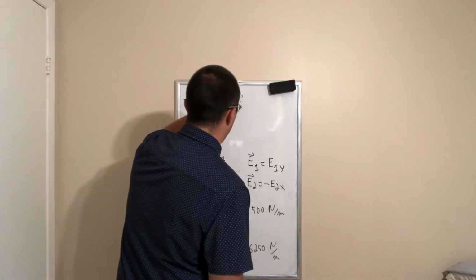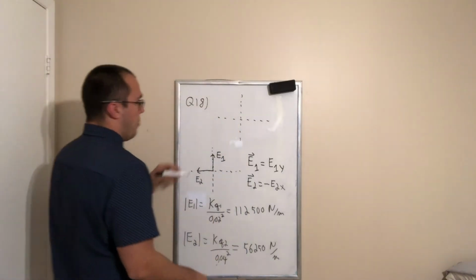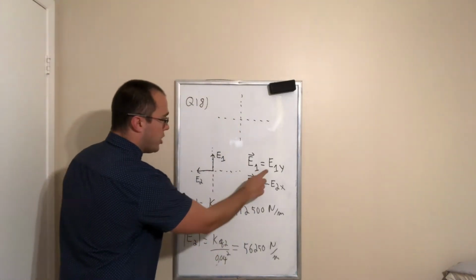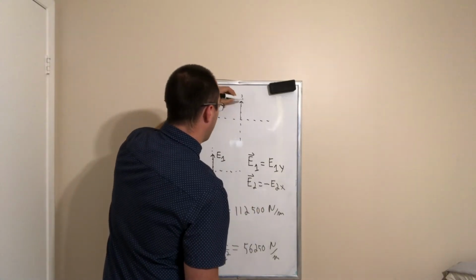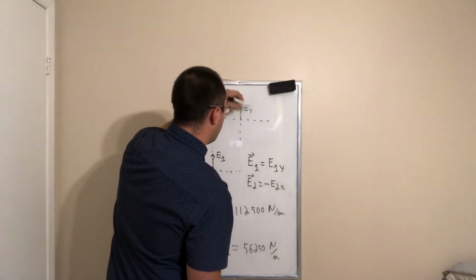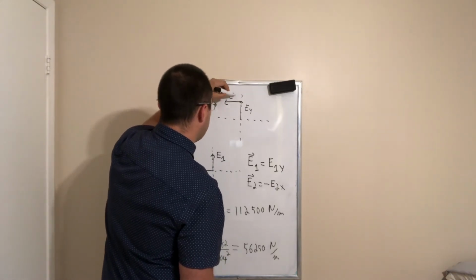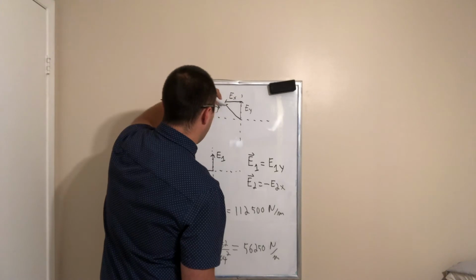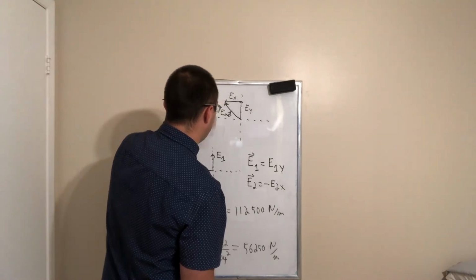I'm still going to redraw it. We have E1, which is our E1y, so that will be our resultant vector Ey, and the x component is pointing in the negative x. So this will be our E net, this vector over here.